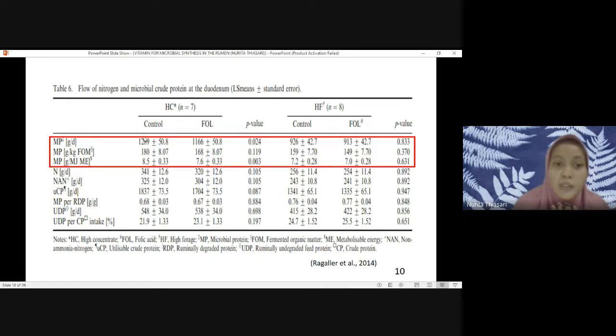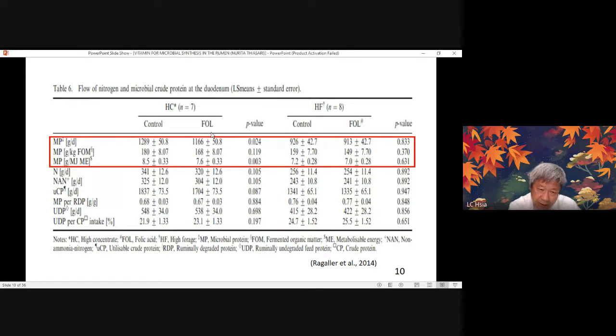Because the energy of the control and with the addition of folic acid is the same, with the addition of folic acid there will be more substrate for protein synthesis, but the substrate cannot become the microbial protein because they have less energy.